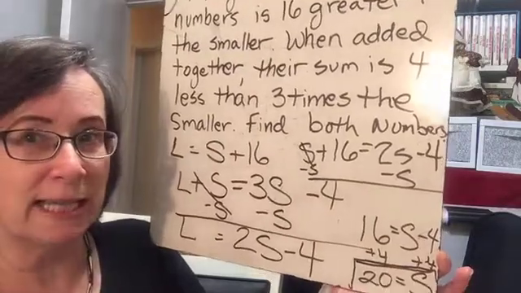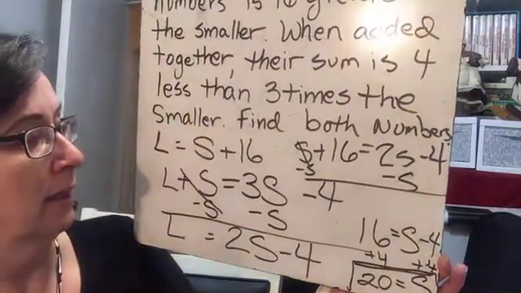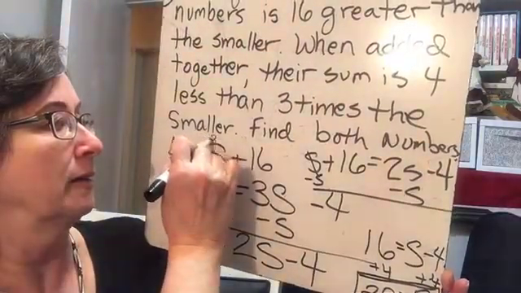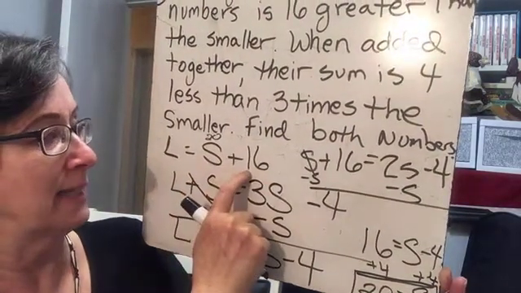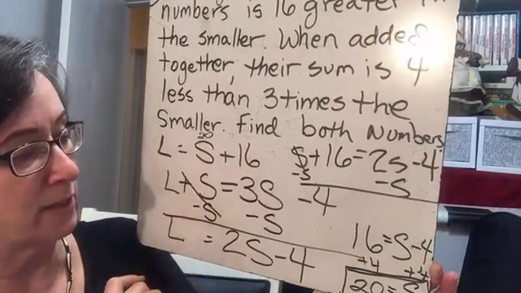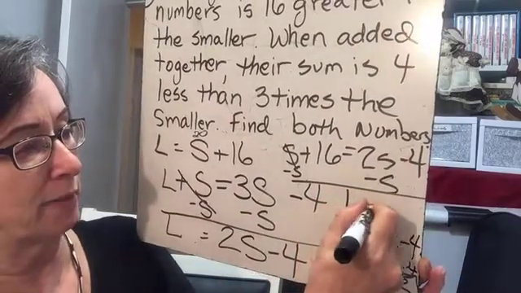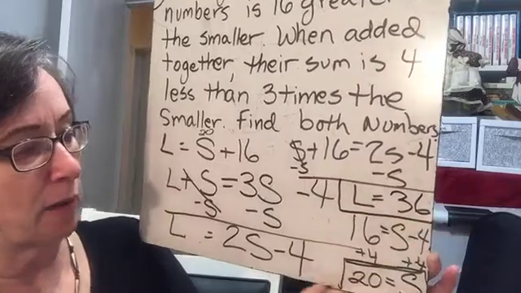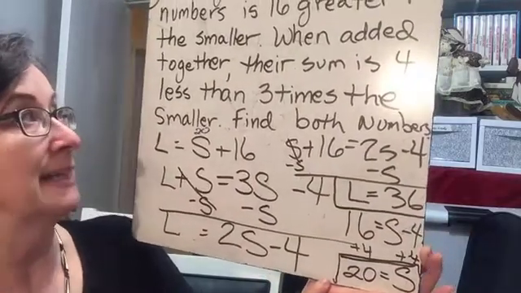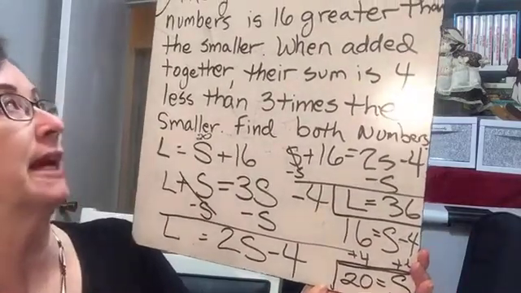Now, if 20 is the smaller number, I can go right back here. I can plug in a 20, and 20 plus 16, or 36, is the larger number. So we'll put that right here. Larger number is 36. Smaller number is 20. Now let's see if we met all of our qualifications.